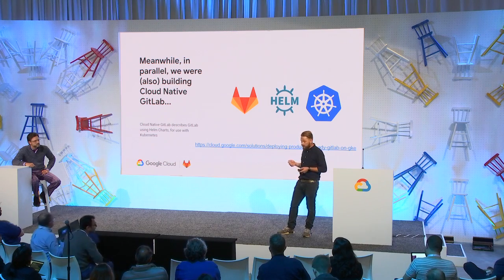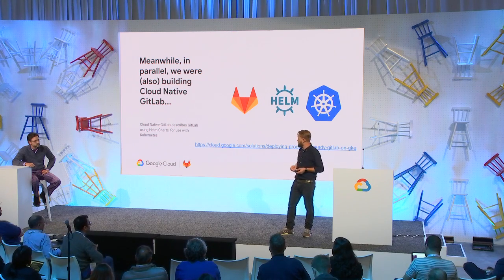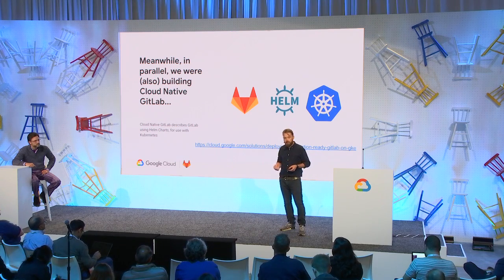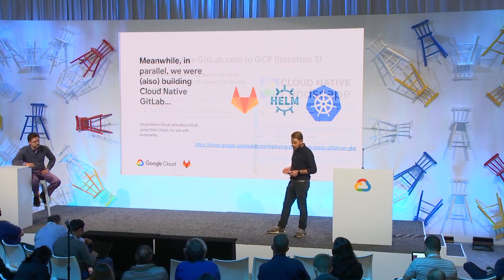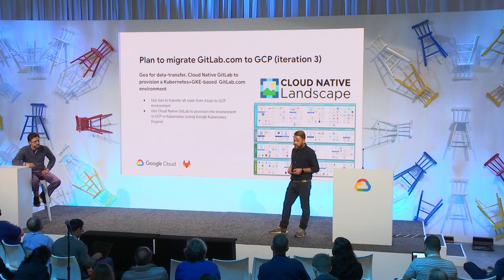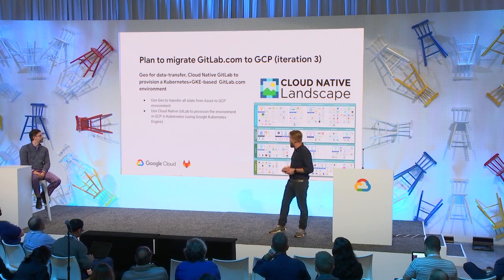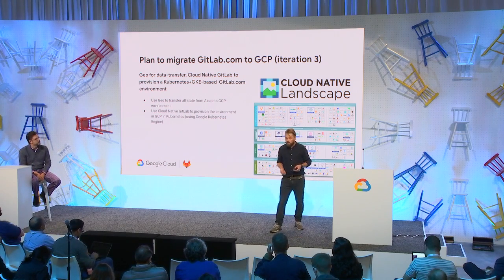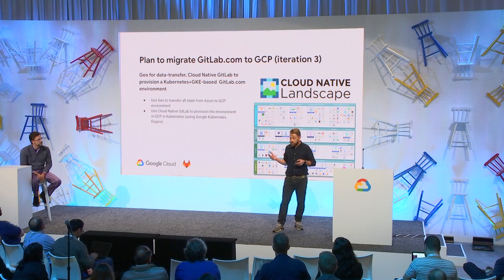And much like Omnibus is our official package installer for installing GitLab outside a Kubernetes environment, the Helm charts in Cloud Native GitLab is our official installer for installing GitLab inside a Kubernetes environment. So instead of provisioning the new environment using Chef and Omnibus, we thought maybe what we could do is deploy it into Kubernetes using Google Kubernetes Engine and our Helm charts.